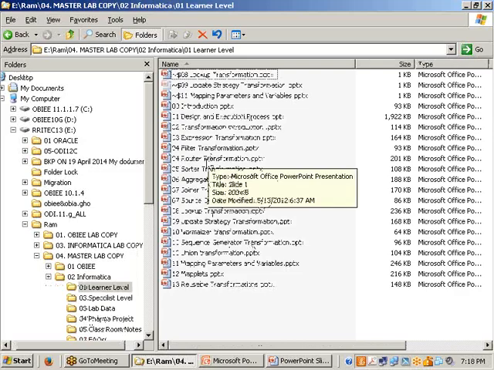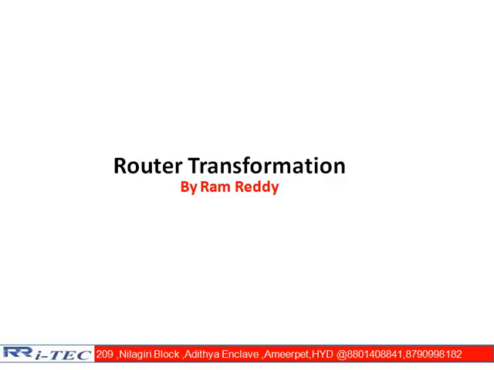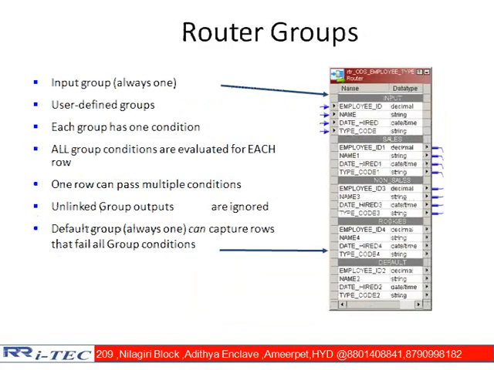Let us say I am opening one functionality, that is called a router. If you see here, I have a group. That group is called what? Default. The default group always captures rows that fail all conditions. Suppose an employee does not belong to sales, non-sales, or rookies; then automatically that goes to the default.